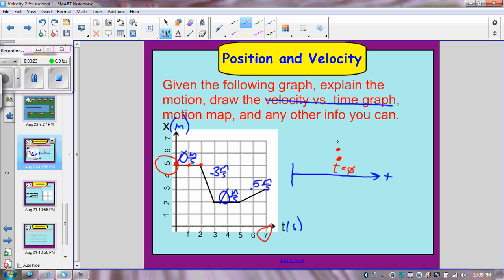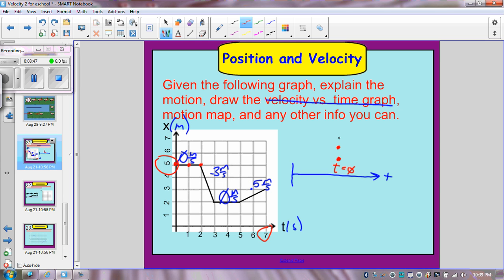Now, right here, I'm going to draw a velocity vector pointing to the right. Excuse me. Let me erase that. So here is at time equals 1 second, so right here.